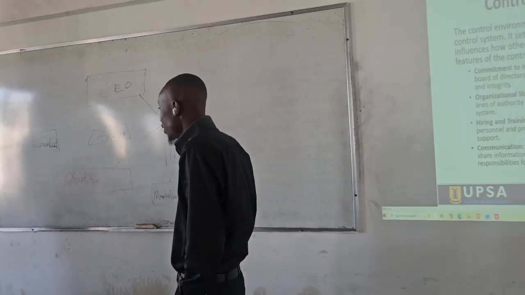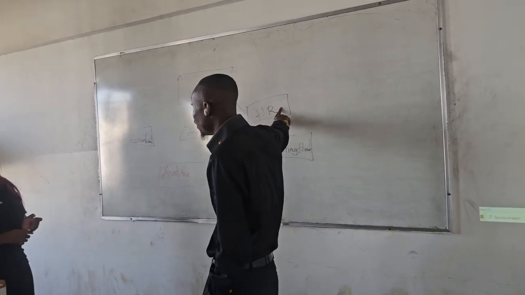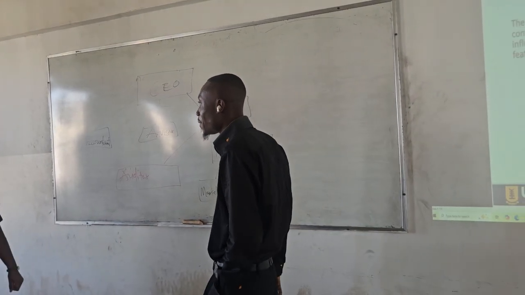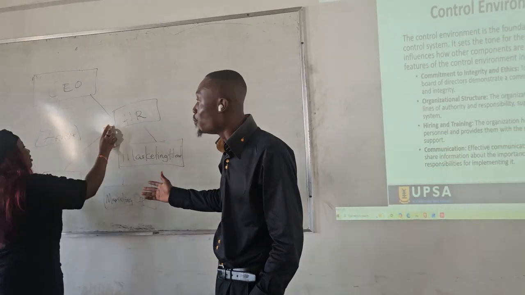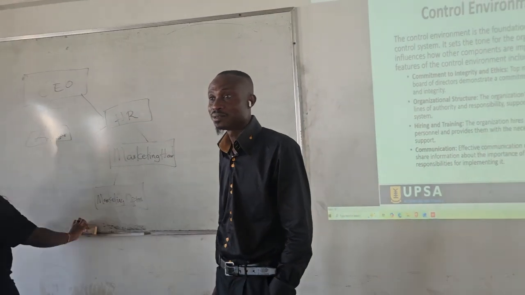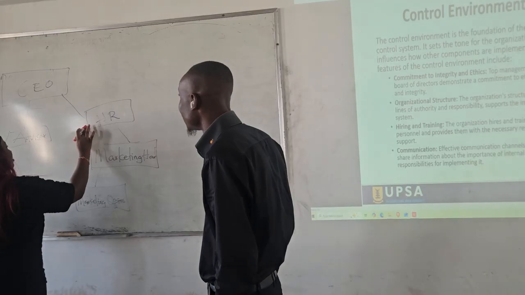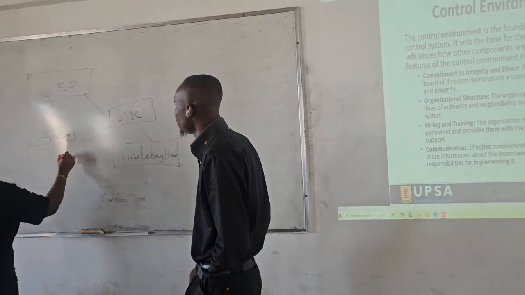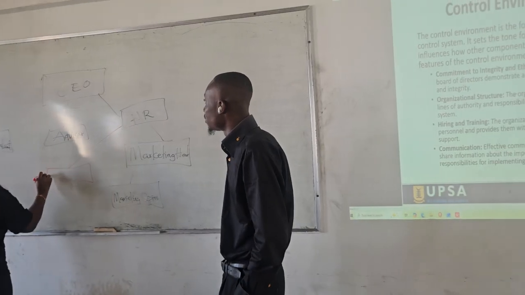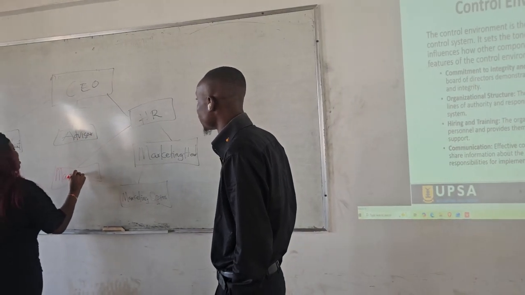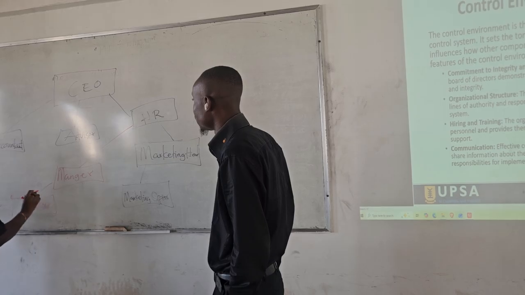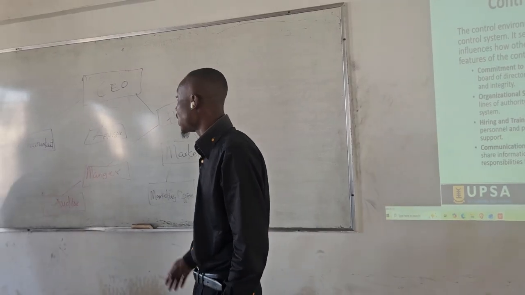Auditor. So the auditor reports to the director. Anyway, that is your company's organizational structure. Okay, so that's your organizational structure.